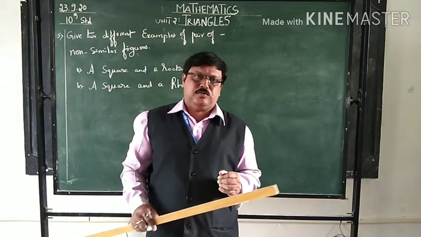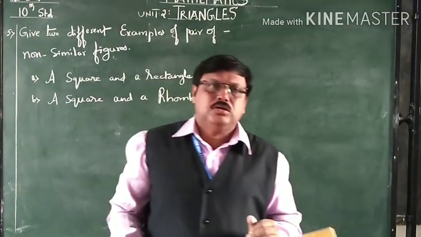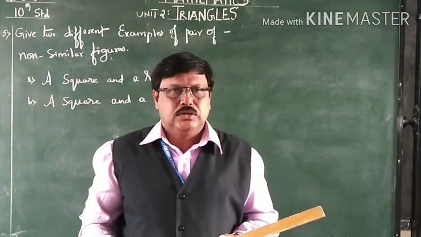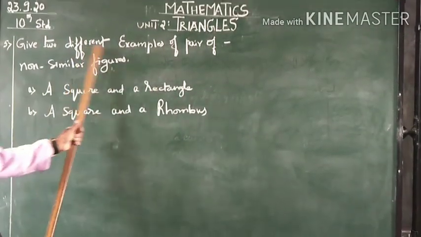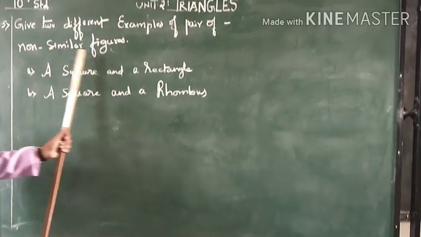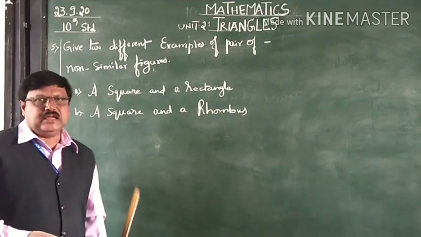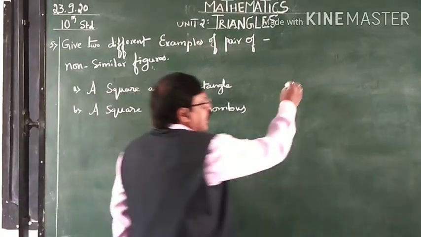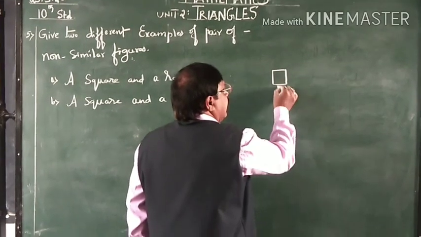Non-similar figures means different properties. You see this question. Give two different examples of pair of non-similar figures. A square and a rectangle. You know that a square is a quadrilateral and all the sides are equal.